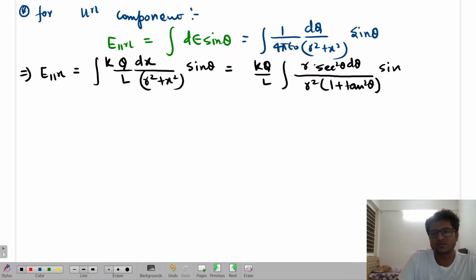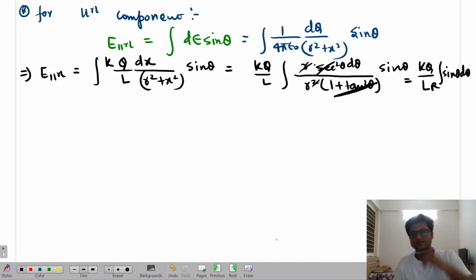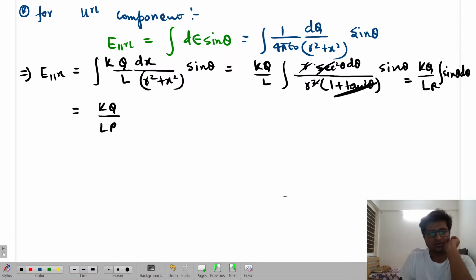So you will see that this and this got cancelled, r and r got cancelled, and I'm left with kq by lr outside the integral, sin theta d theta. This is my term. Now look over here: this whole term kq by lr, sin theta d theta, varies from minus beta to alpha.